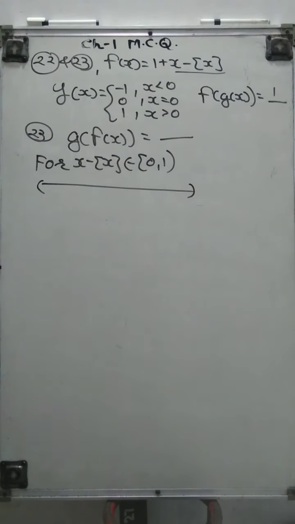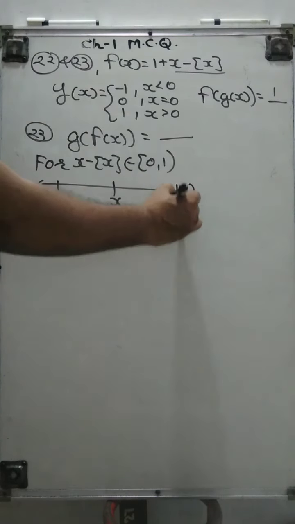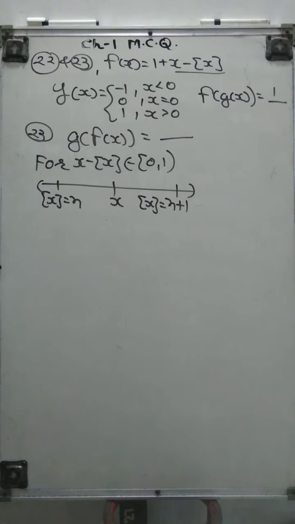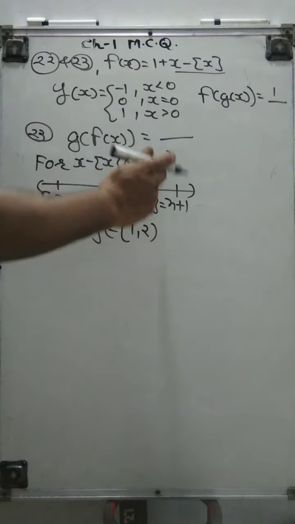If you take x here, then [x] equals n, and here you have n + 1, [x] equal to n + 1. So this way 1 + x - [x] is always between 1 to 2. You just add 1 here. So you get this answer for every x.